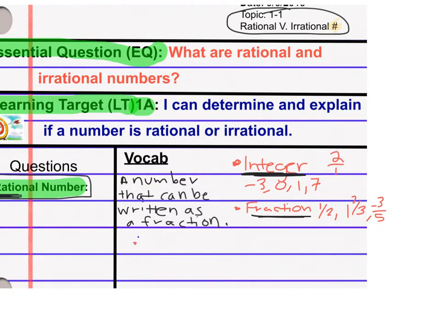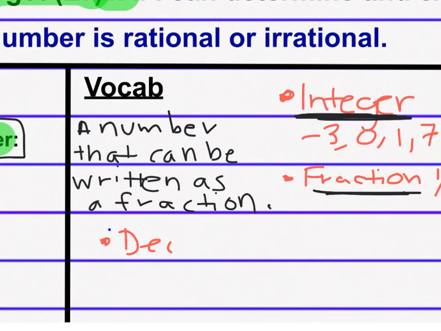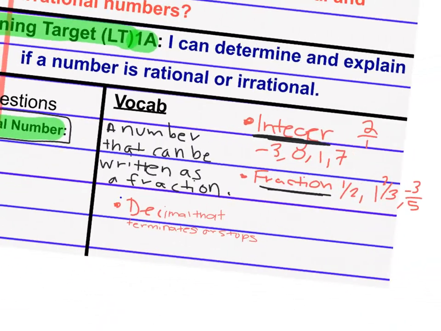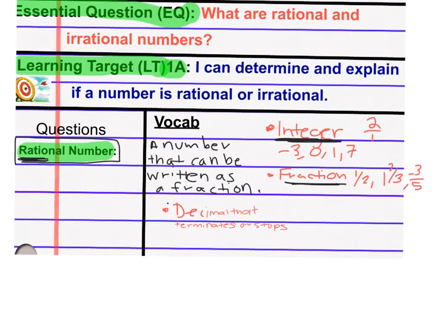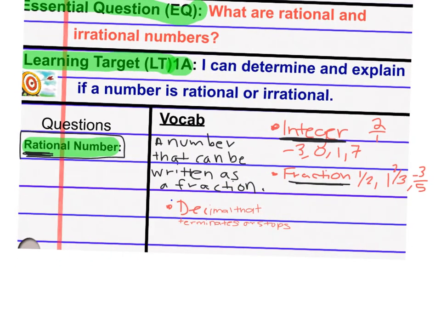My next bullet point is a decimal that terminates. If you're not sure what the word terminates means, it stops. A decimal that terminates or stops.